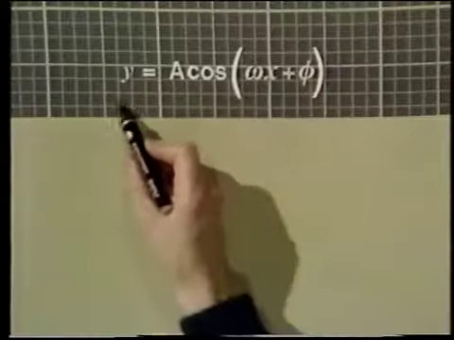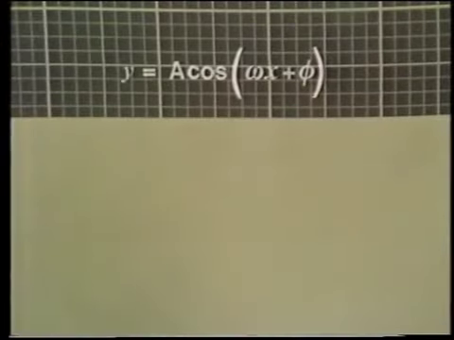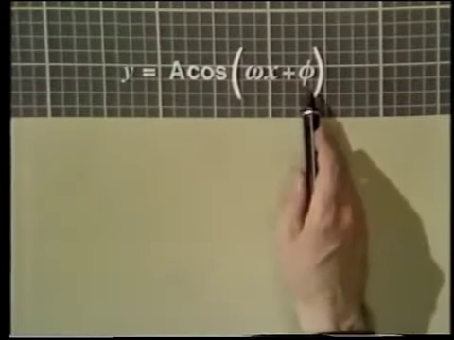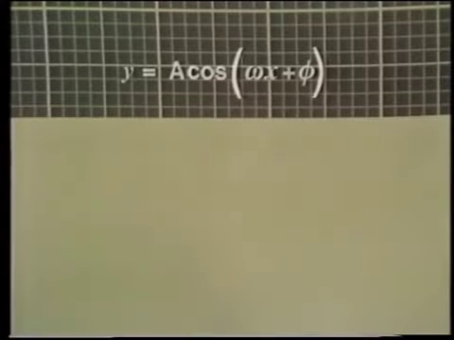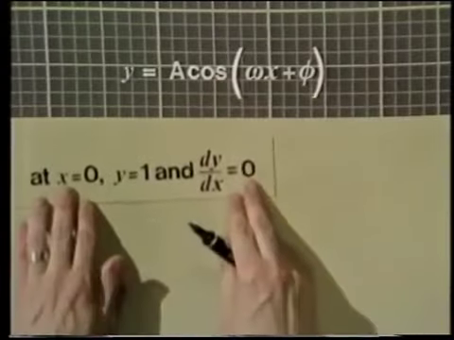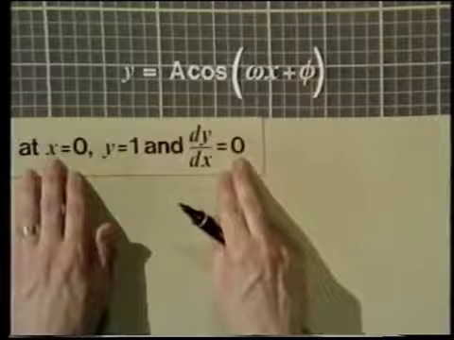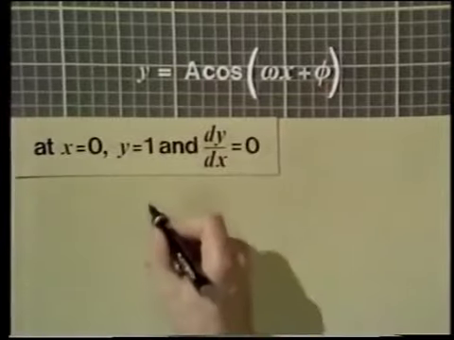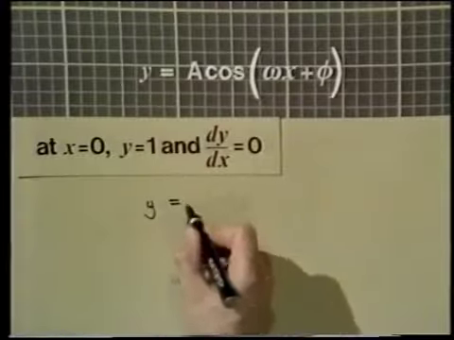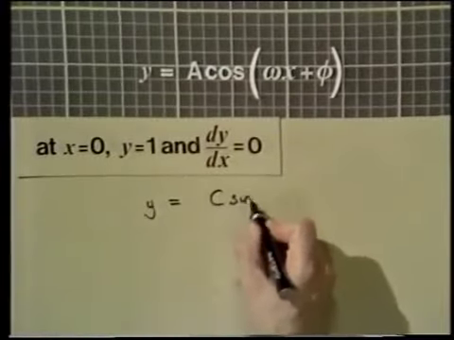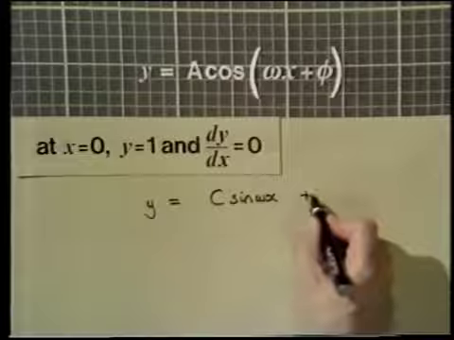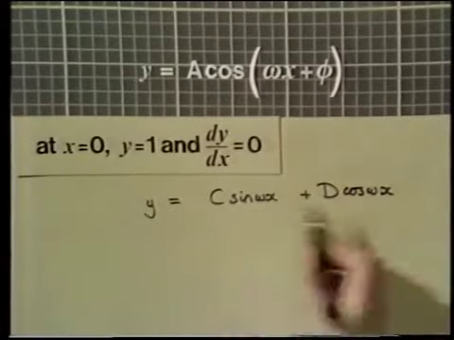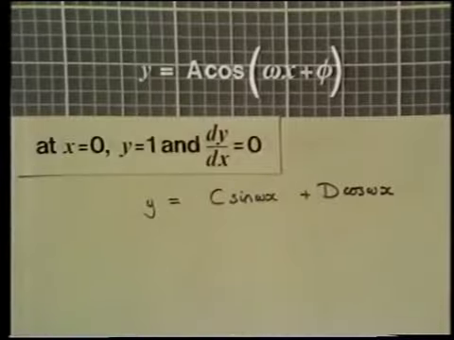This is the general solution to the differential equation. It includes two arbitrary constants, A the amplitude and phi the phase. And what I want to do is to pick A and phi to satisfy these conditions. Actually, I find it more convenient to use the other form of the solution that involves sines and cosines, where C and D are the arbitrary constants here.